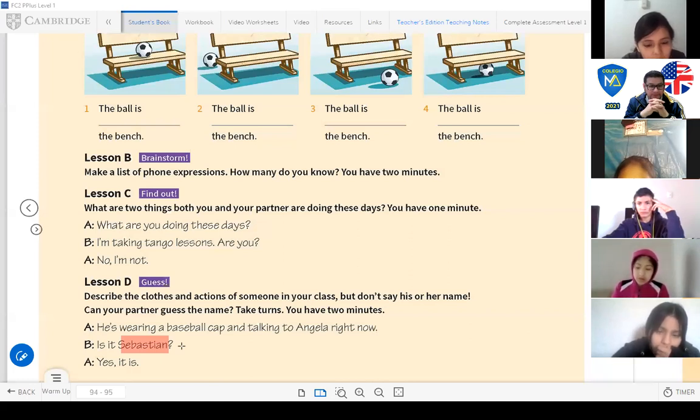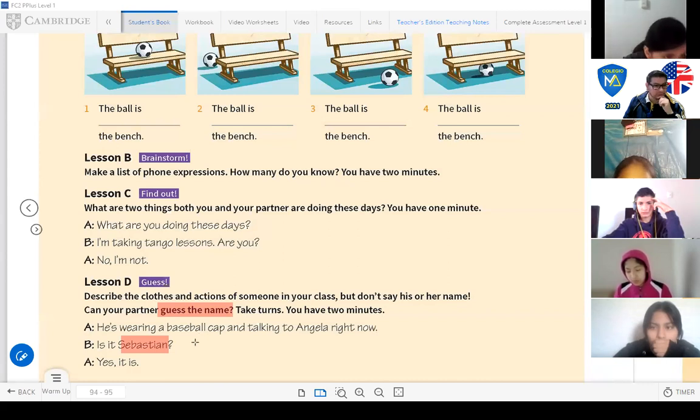What am I talking about? You have to guess the game. Oh, sorry, guess the name. In the class, uno de tus compañeras. She's wearing glasses. Who's the person? ¿Quién es?